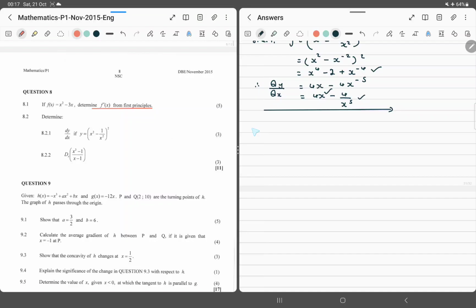And then we've got 8.2.2. This says we are looking for the derivative in terms of x of this situation. So this is x cubed minus 1 divided by x minus 1. So this implies that we've got dx of, now this is a difference of 2 cubes because 1 cubed is 1.